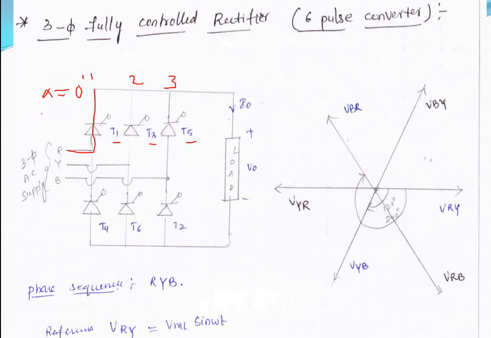So T1 conducts through the load along with T6. The phase for the upper thyristor T1 is R phase, and for T6 it is Y phase.